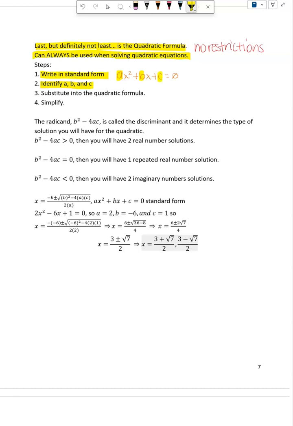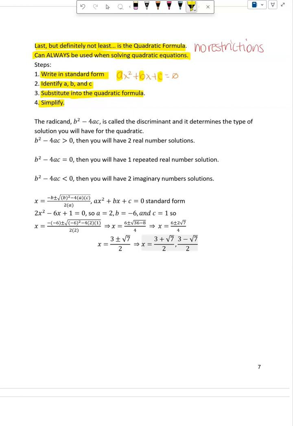Please note that they do not have anything to do with our variables. It's the number in front of our variables for each of them. So a is the number in front of x squared, b is the number in front of x, and then c is our constant, okay? Very important. Step 3, we're going to substitute into the quadratic formula what these numbers are. And then fourth, we simplify.